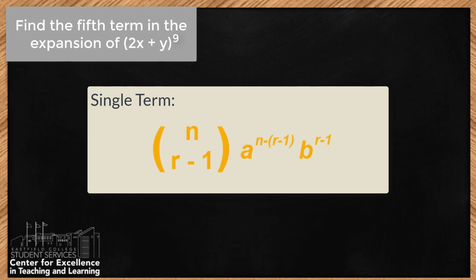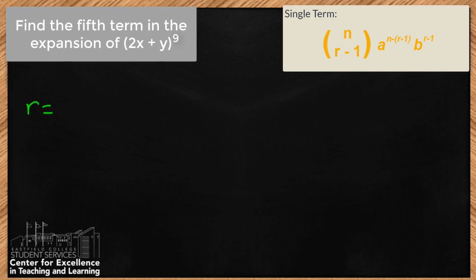So in the formula, we see that the rth term of the expansion of (a + b) to the n is given by the equation. So we can relate our problem. We can figure out what is our r, what is our a, what is our b, and what is our n.